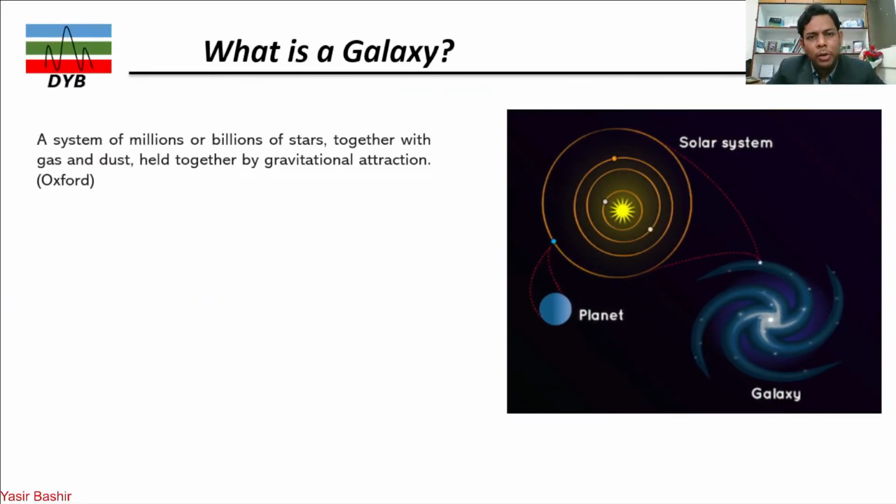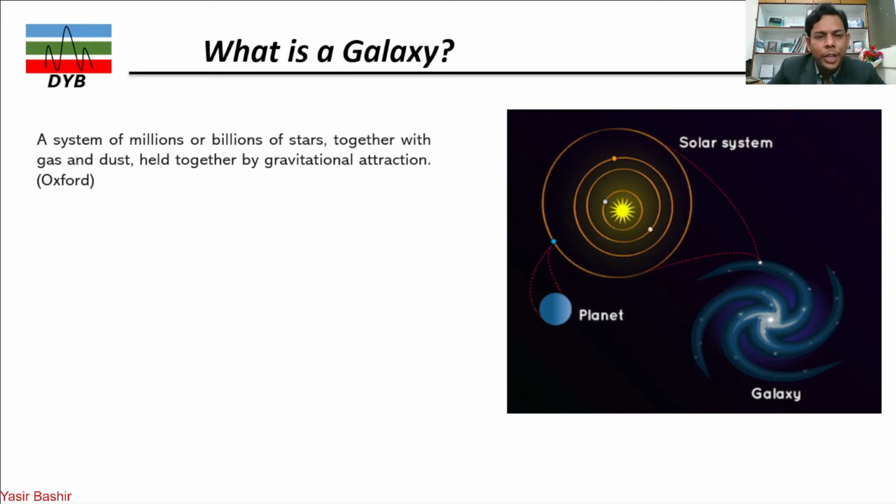So let's think about what a galaxy is. If you look at the Oxford Dictionary, it states that a galaxy is a system of millions or billions of stars together with gas and dust held together by gravitational attraction.